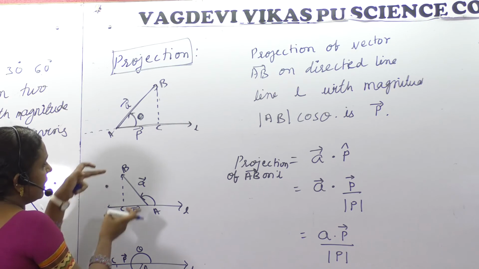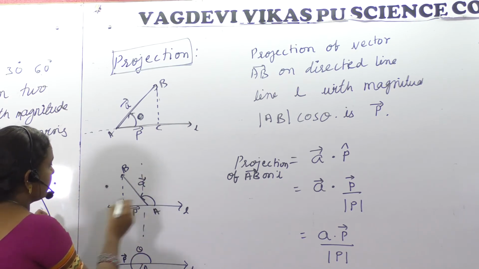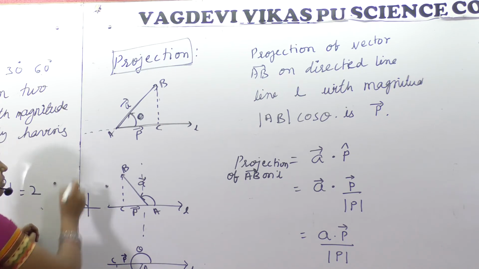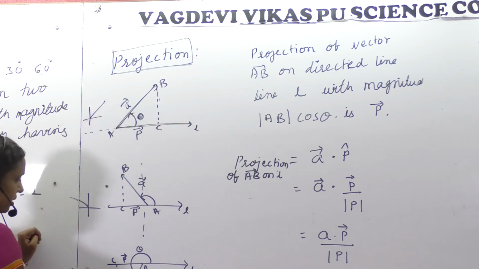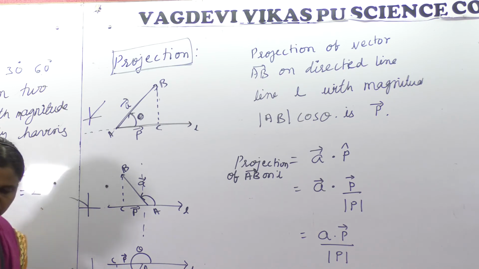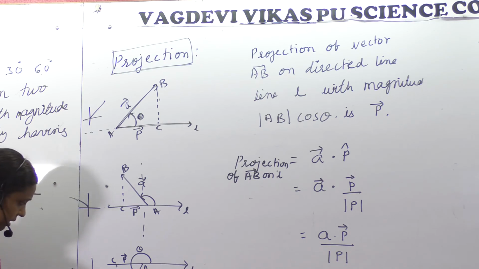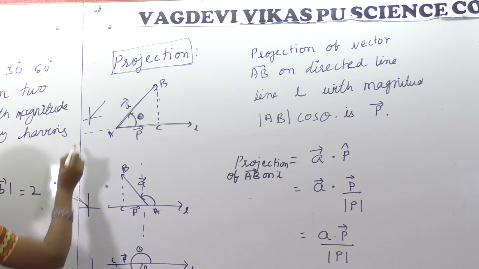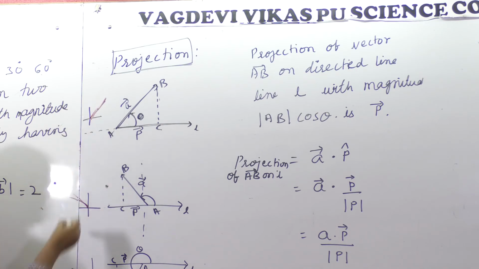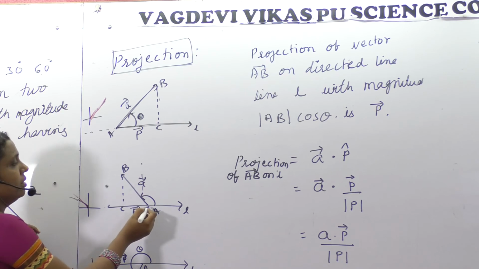Now here you check. AB is a vector. It lies in the second quadrant like this. This will be in the first quadrant, this will be in the third quadrant, and this will be in the fourth quadrant. See the line. Let me highlight here. Is it okay to understand? So this is our vector.